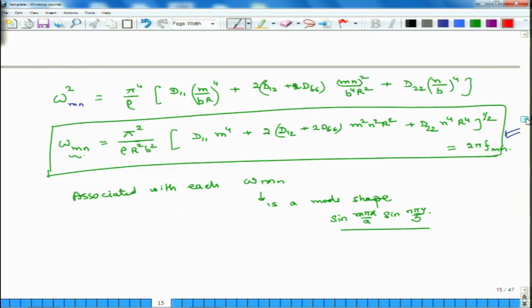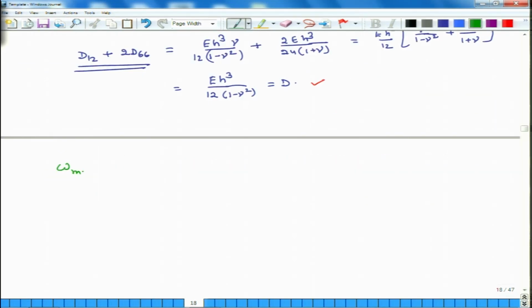What we end up getting is omega mn equal to pi square over b square r square times square root of D over rho times square root of m4 plus 2 m square n square r square plus n4 r4.